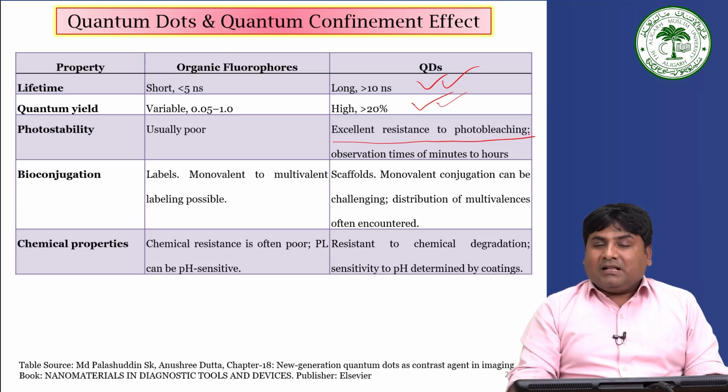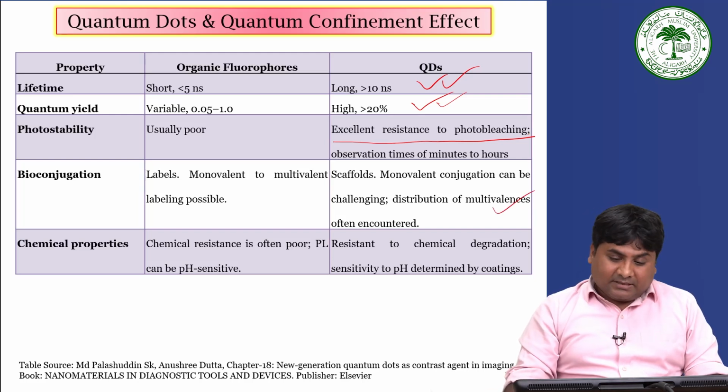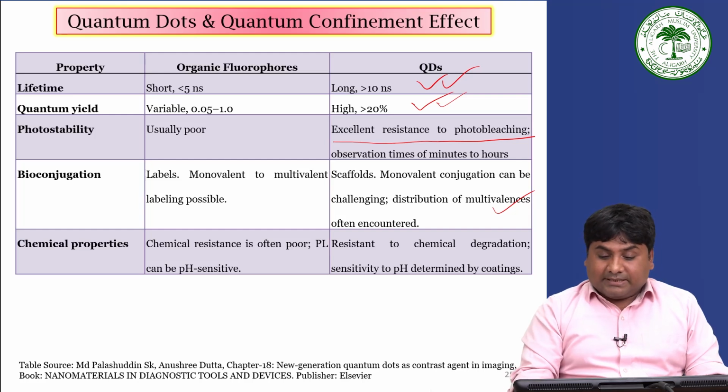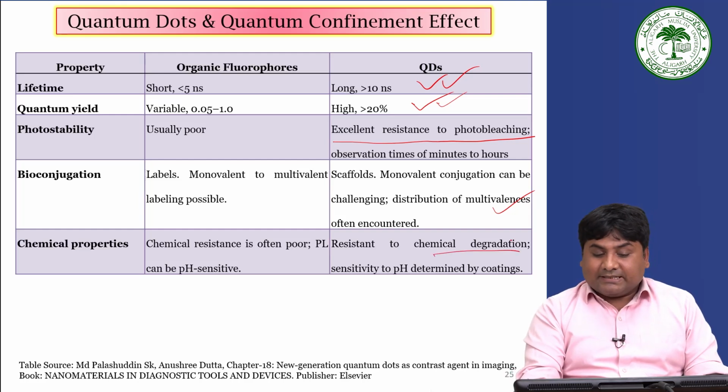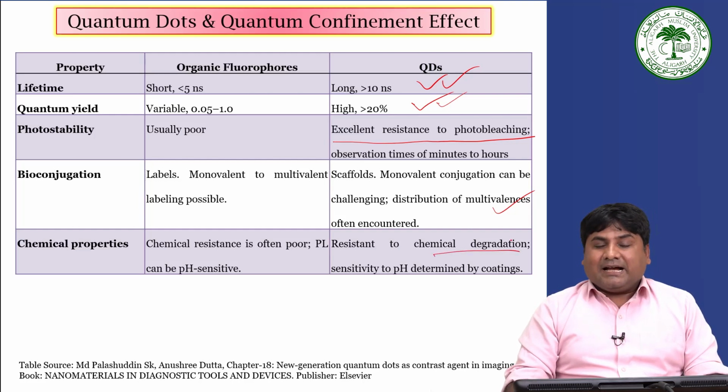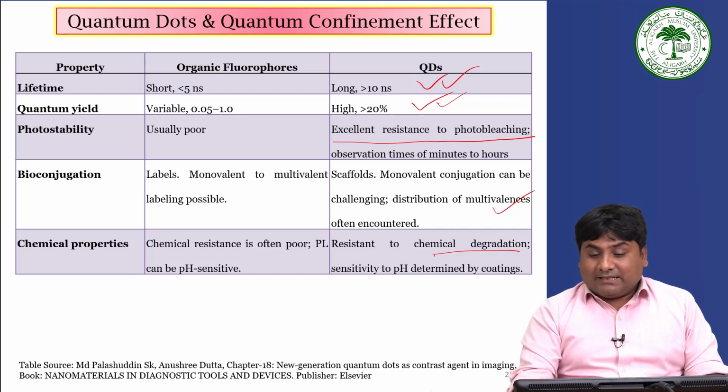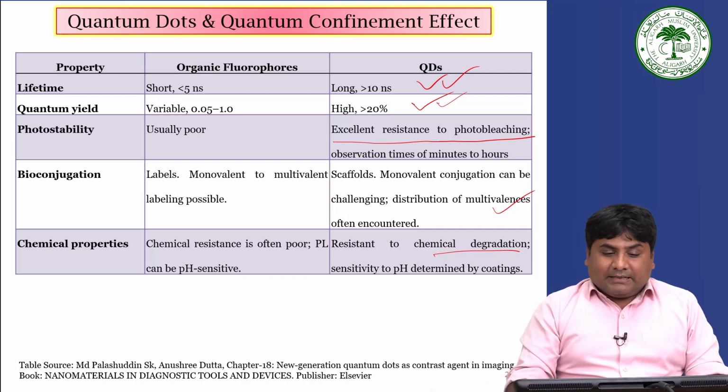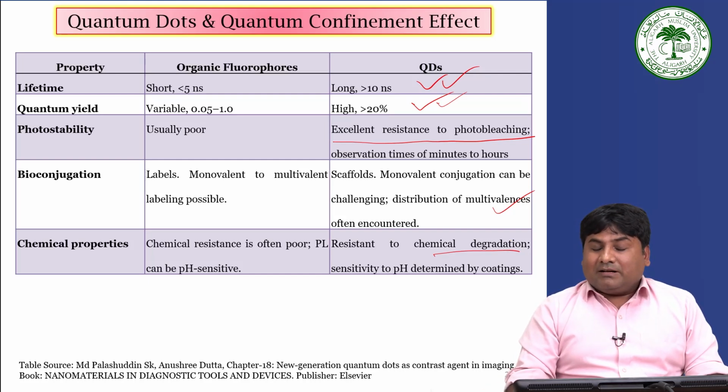This is one of the important points over the organic fluorophores, and you can easily bioconjugate it with various types of molecules, drugs, etc. And quantum dots are very resistant to chemical degradation. That means highly chemically inert. So these are the fundamental advantages of quantum dots over other organic fluorophores or other fluorescent materials.